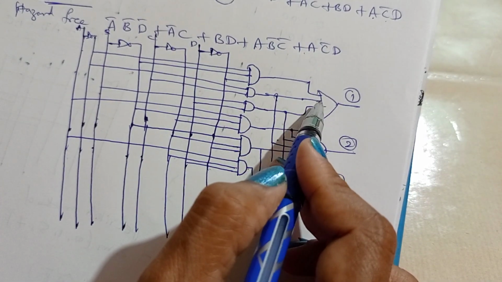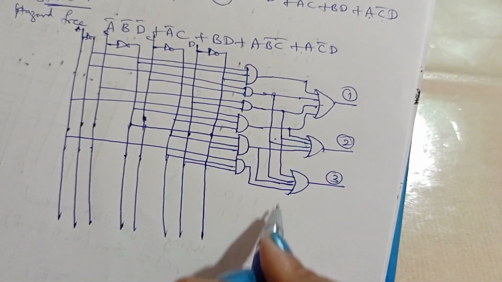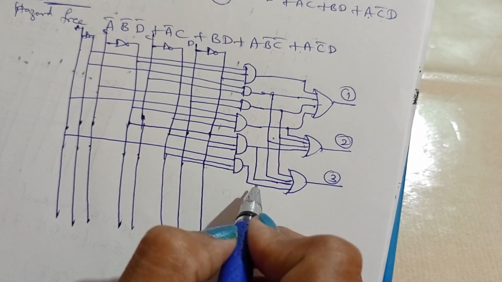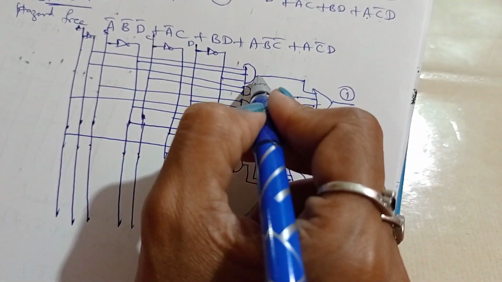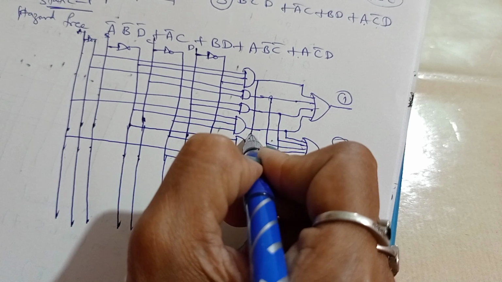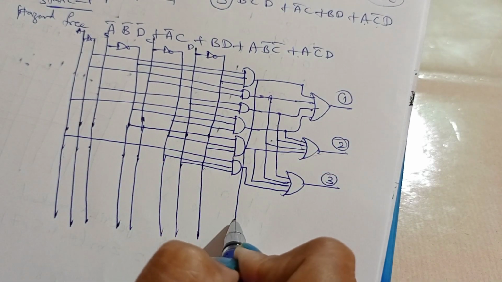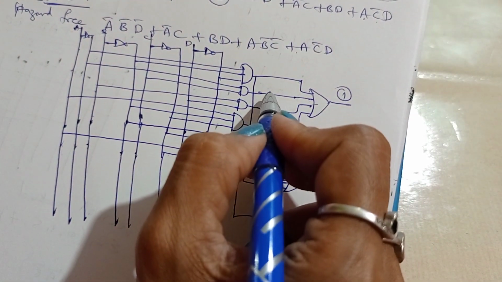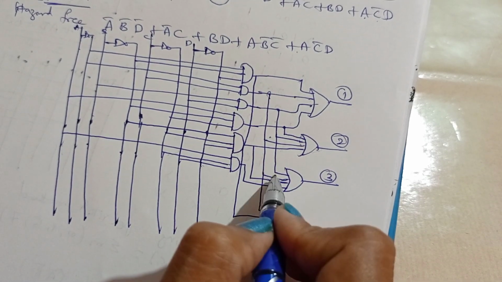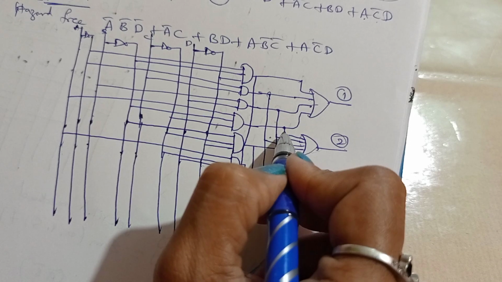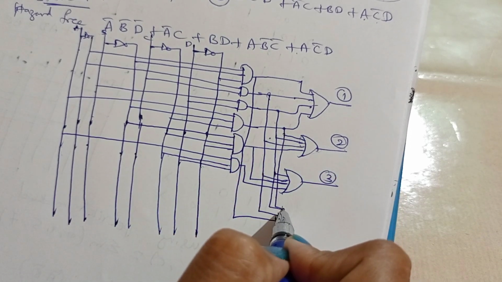All these terms will be getting as it is. And now I will take one more input from here. One input and second input, third term and fourth term also.